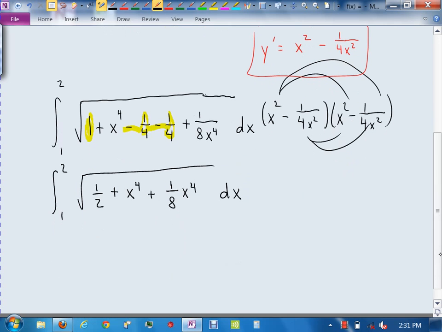We're getting there. 1 over 8 x to the 4th. Would it be 1 over 16? Oh, yes, thank you for catching that. This one, the 8/16.